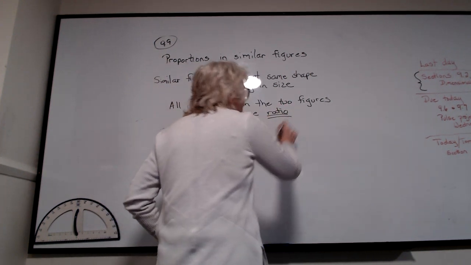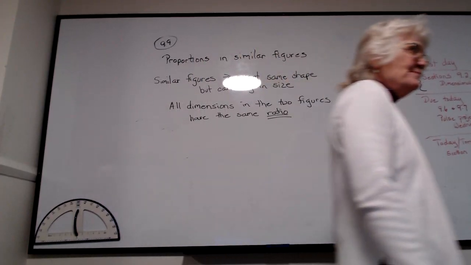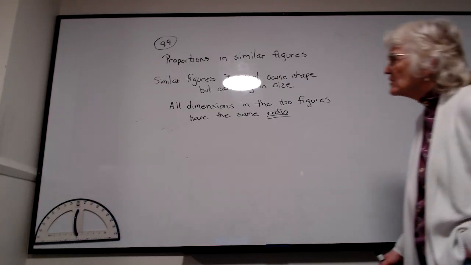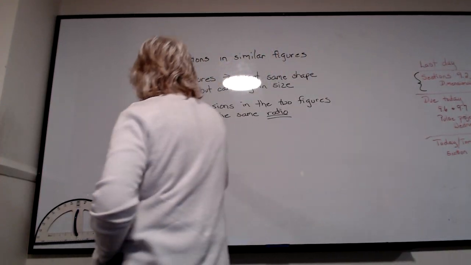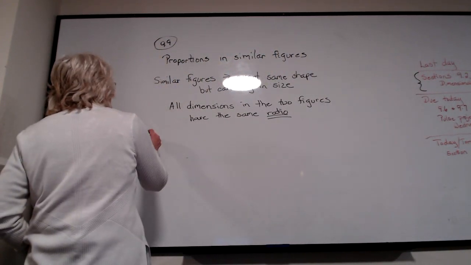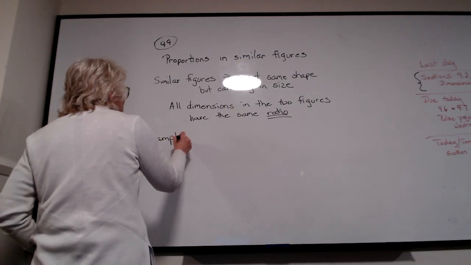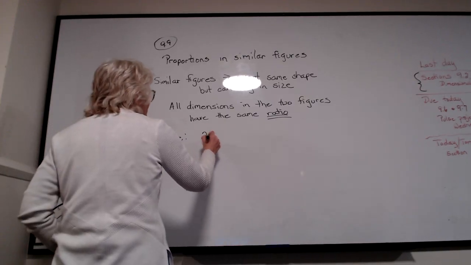Okay? They have the same ratio. So, I'm going to talk about 2 or 3 different examples, but one example, a lot of times we do this in 2 dimensions.